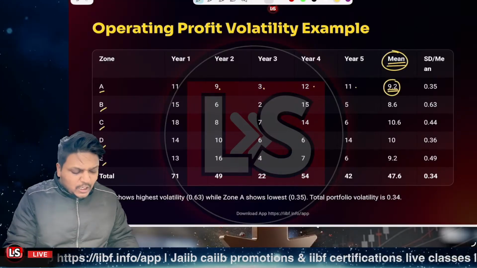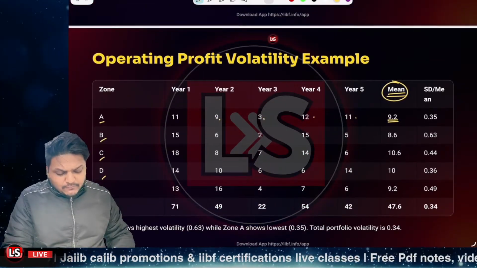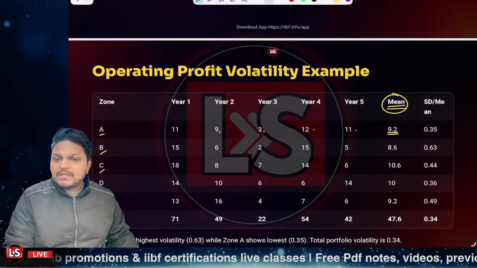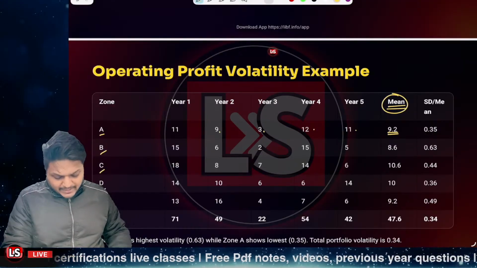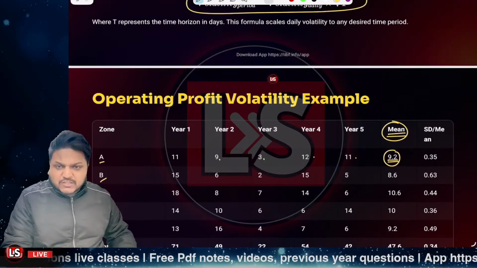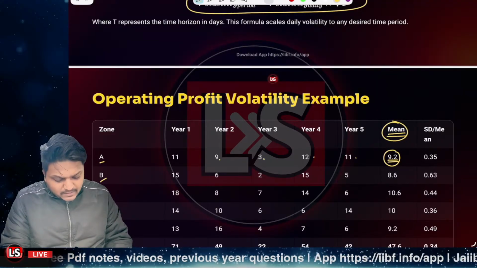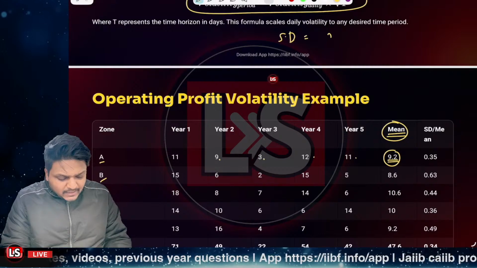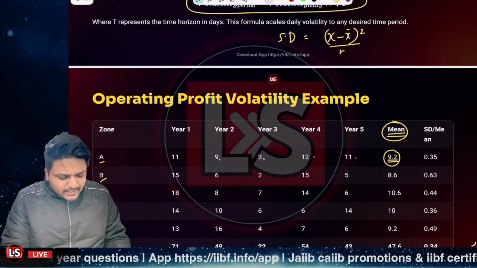This is the average. And how can we calculate the standard deviation? For the first zone, let me calculate the standard deviation for you so that you can understand the point. First of all, we have the average, 9.2. So the formula goes like: standard deviation is the square root of the sum of (x minus x bar) squared divided by the number of terms.